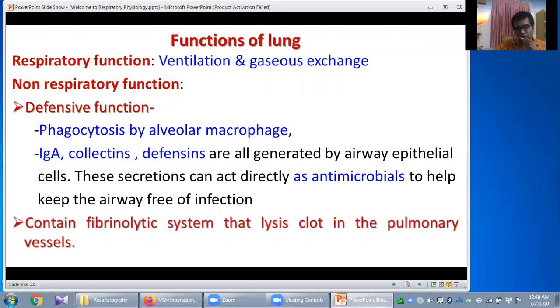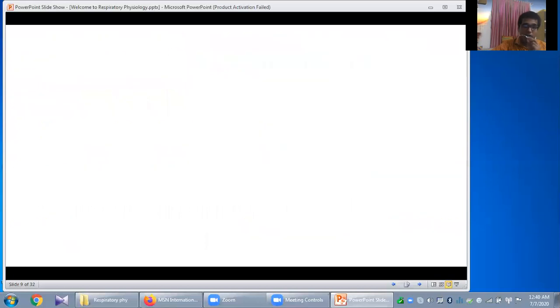The pulmonary circulation contains a fibrinolytic system that lyses clots in the pulmonary vessels. So they are the natural purifier of the blood. If there are any undue microthrombi in the circulation, they will be filtered by the pulmonary circulation and lysed. So that is very important.